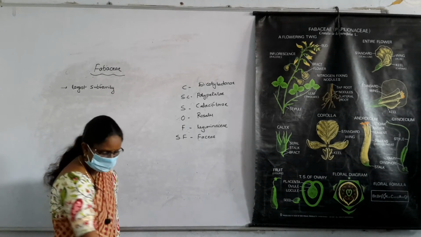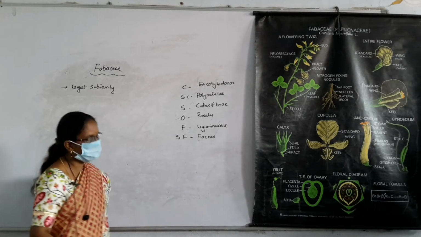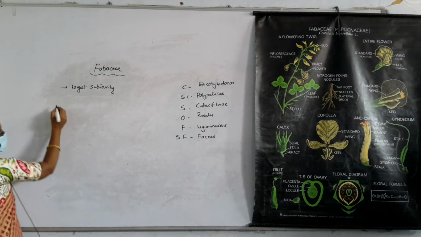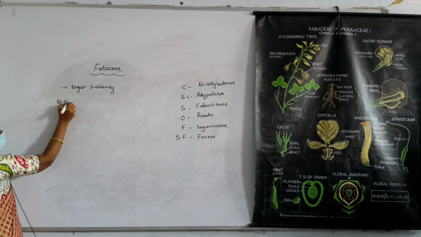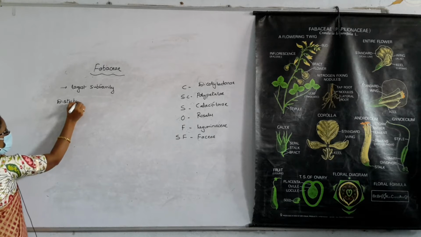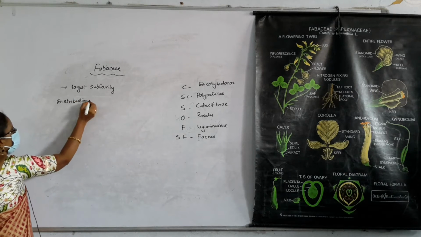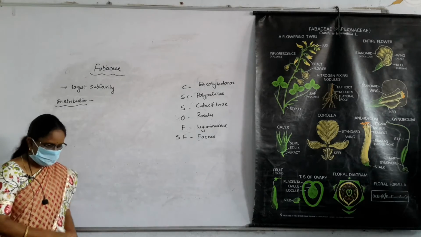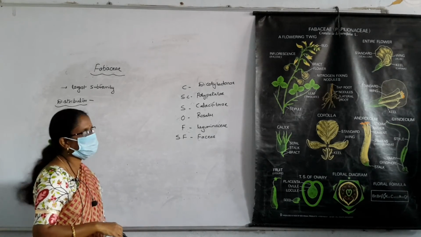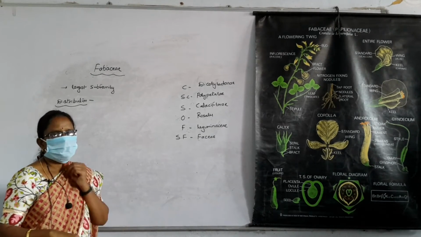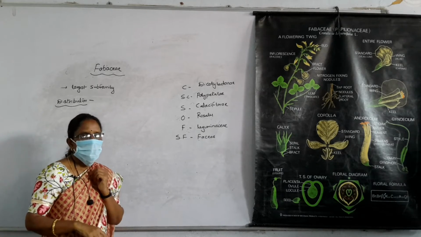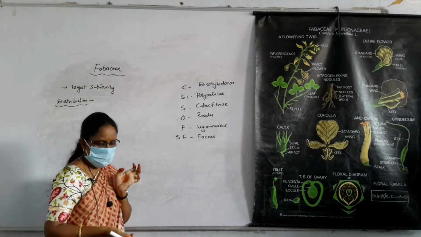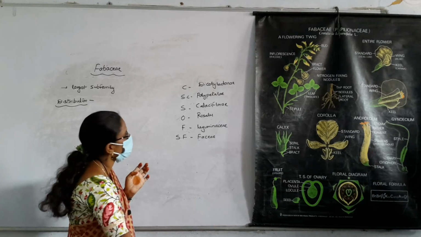Next is the distribution of the Fabaceae family. Normally these plants live in all areas, and this is the largest subfamily.